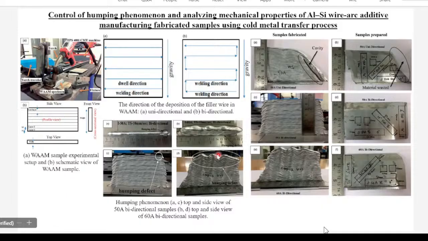You can see many humps are formed here. This is also a defect which deteriorates the mechanical properties. So I have written a paper on controlling of the humping phenomenon. For a WAM component, we have to reduce this humping phenomenon so that we can achieve better mechanical properties and other microstructure properties.